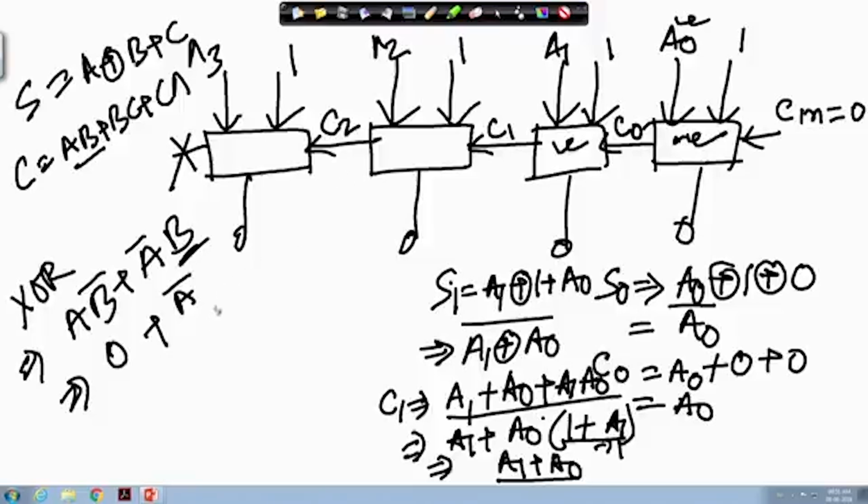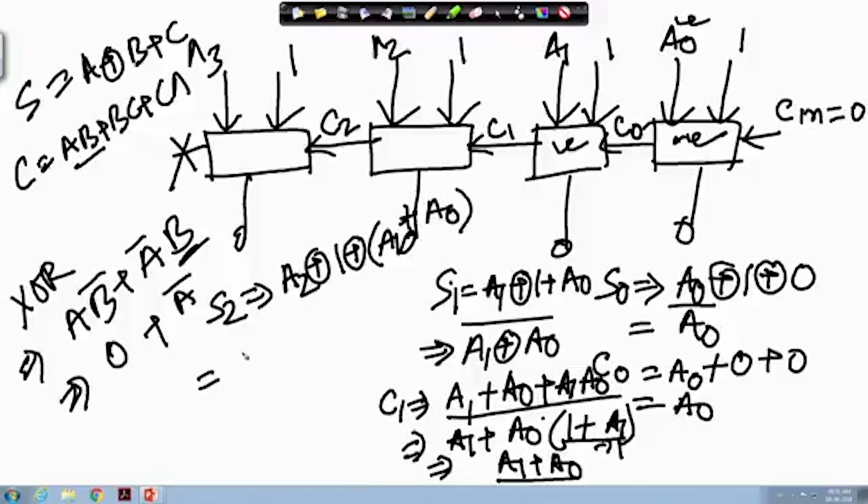So, what will be the expression for S2 now? The S2 expression is here A2 XOR with 1, then XOR with A1 plus A0. So, this S2 expression, what can I write? A2 XOR with A1 plus A0 whole bar. Okay.